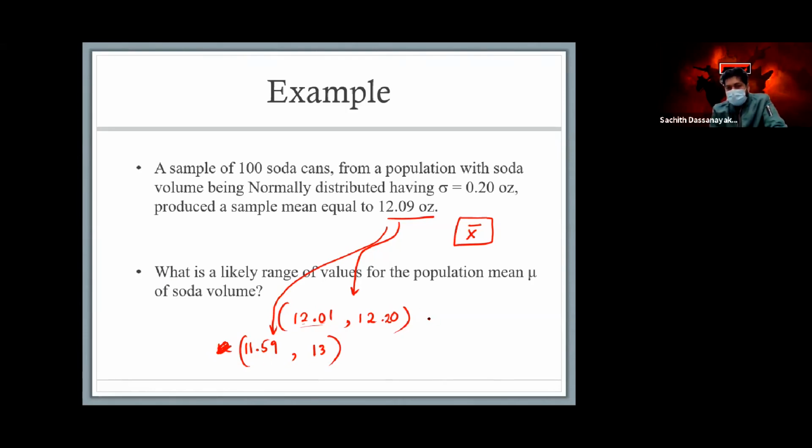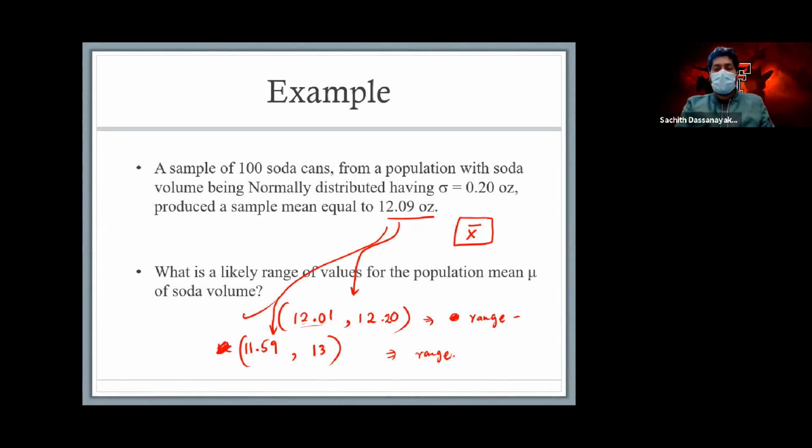If you check the range here and here, this one is greater than this one. So in that case, we need to pick this one. Clear?